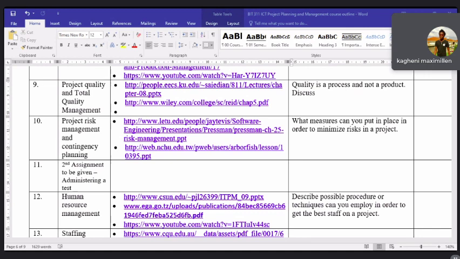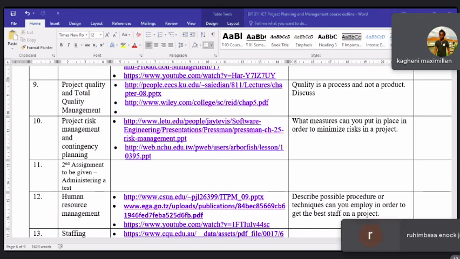Because quality is not just a product, it is a process. It means that the process which will produce quality should be quality itself. It is a quality process that can produce a quality product. Write this down, from wherever you are.